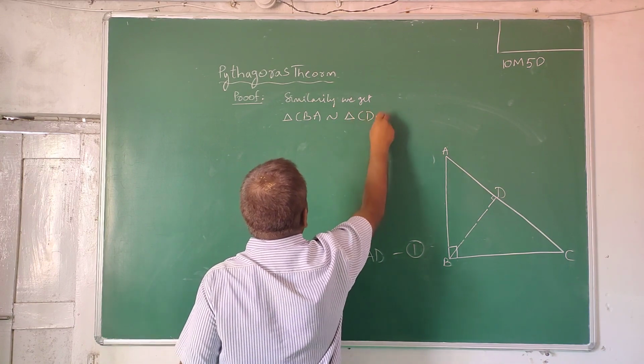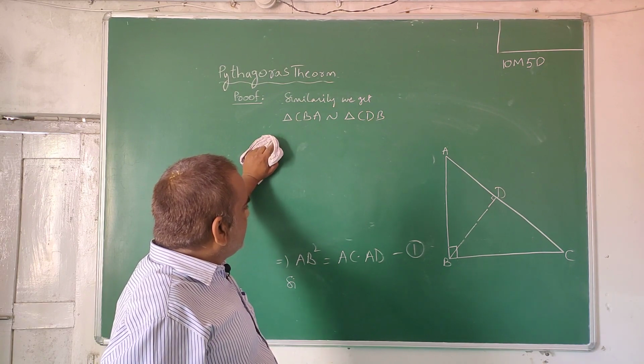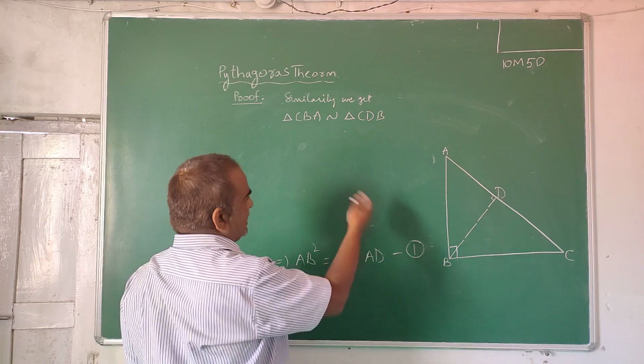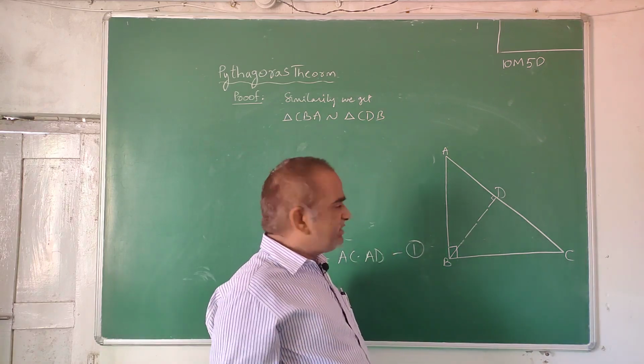These two are similar. Triangle CBA is similar to triangle CDB. Like how we proceeded in the previous case, if you proceed the same way, you will get that.